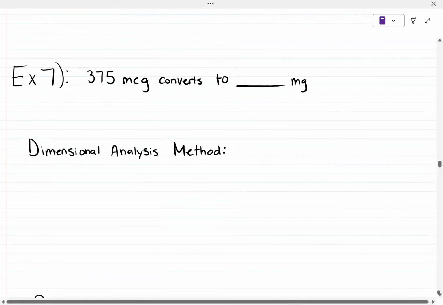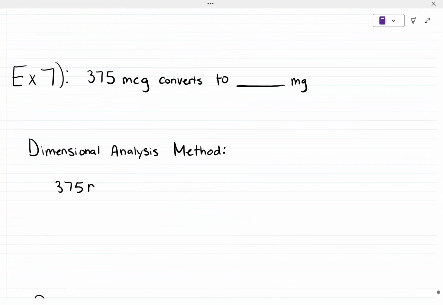We were given exactly 375 mcg times, and then put mcg on the bottom, and on top it's going to be mg. So we know that for 1 mg, there's 1,000 mcg, and then put an invisible one here, and then multiply across.